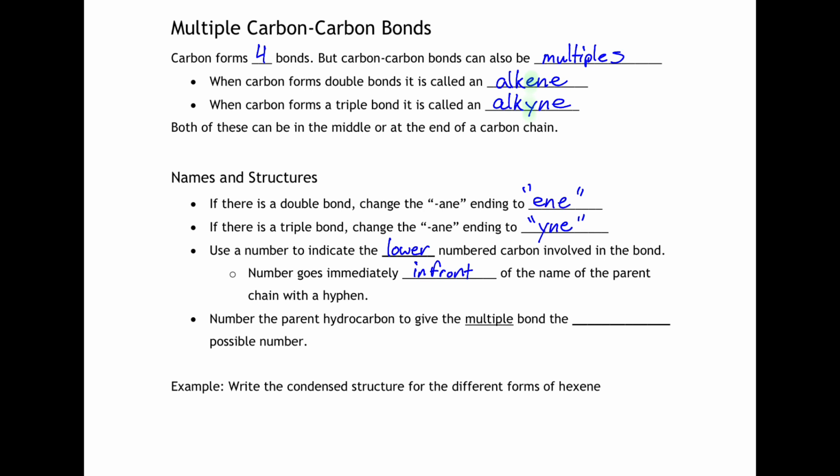I'll show you one of the alternatives, and it sucks. I like this way better. The number of the parent hydrocarbon gives the multiple bond the lowest possible number.